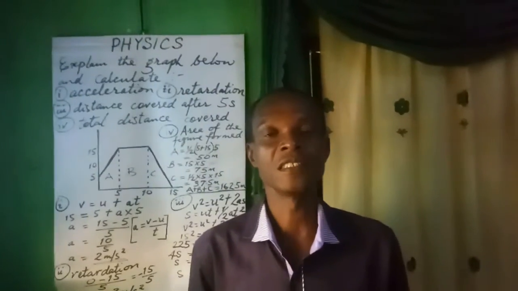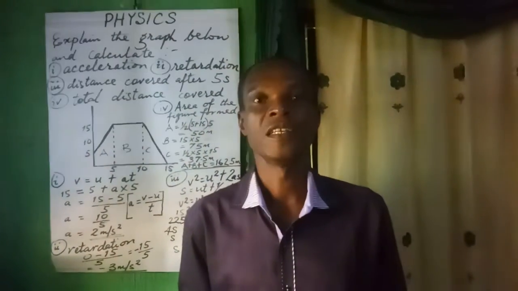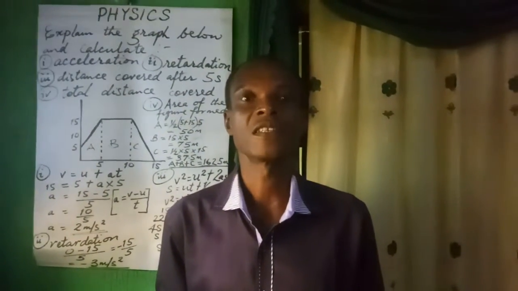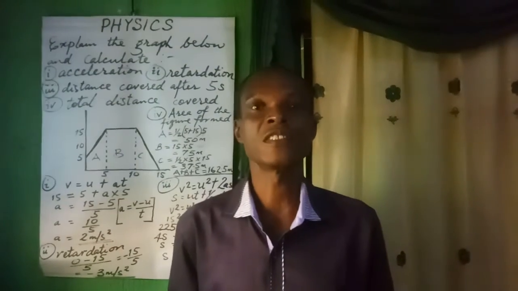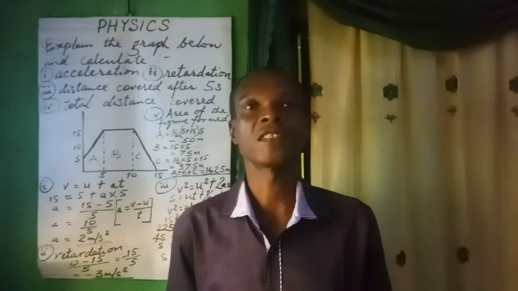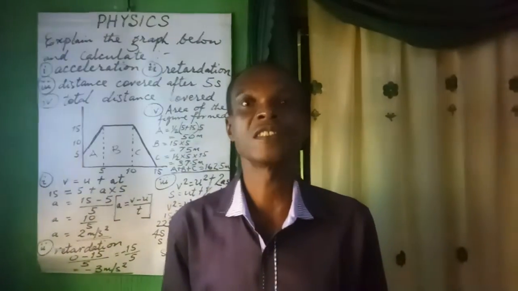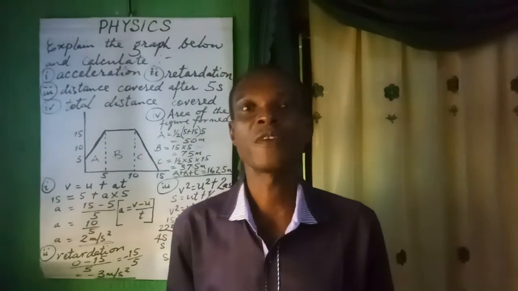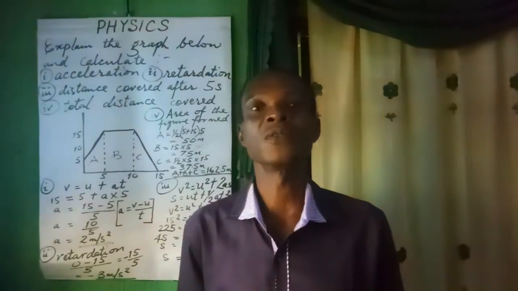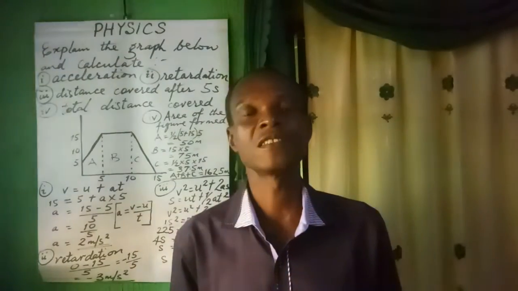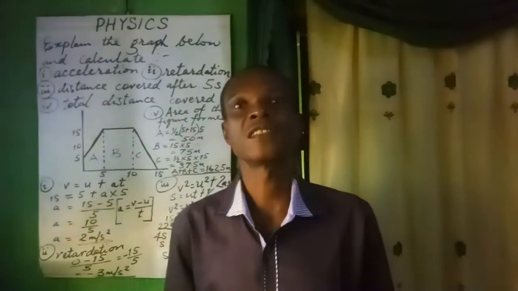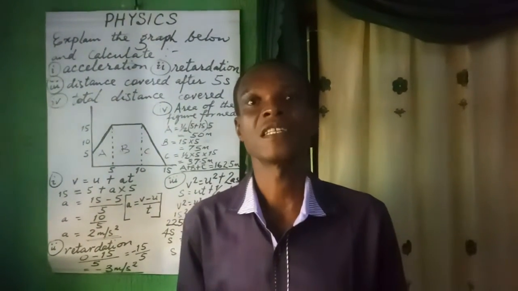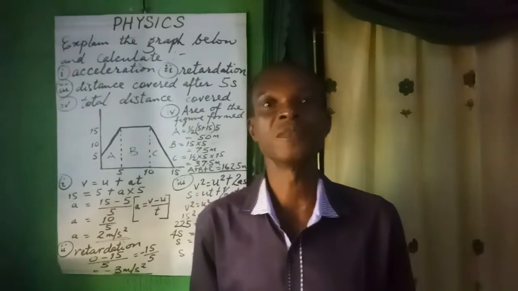The subject is physics and the topic is graphs: velocity-time graphs, acceleration-time graphs, distance-time graphs, and all of that. Before I start, it is important to let you know that physics is a branch of science which studies matter in relation to energy.